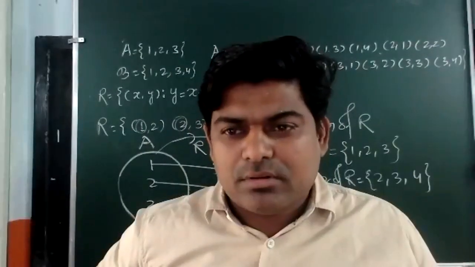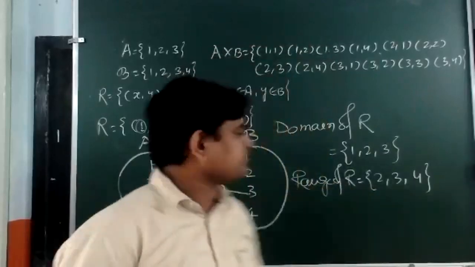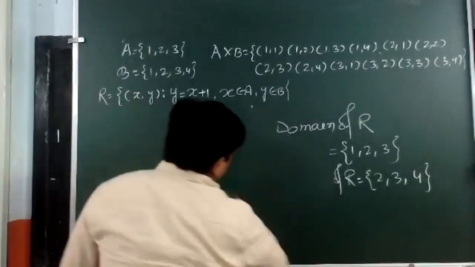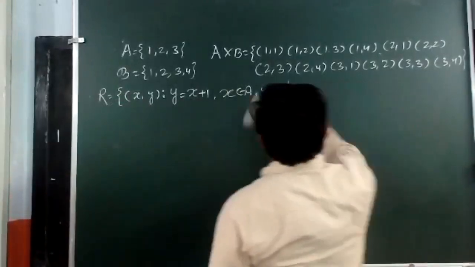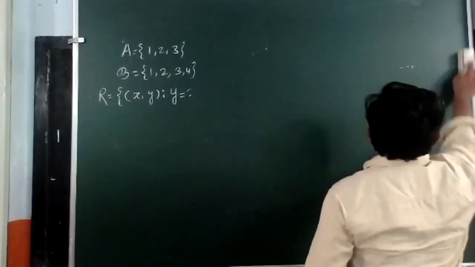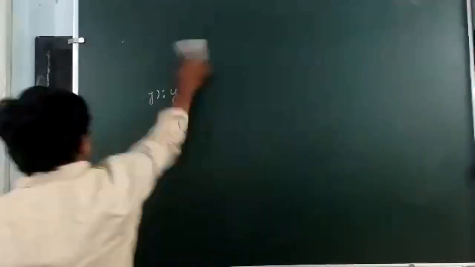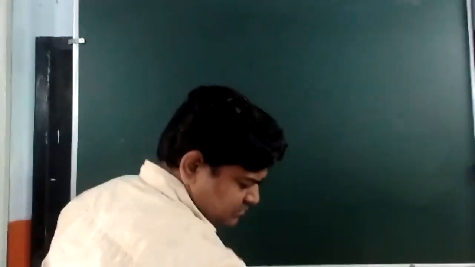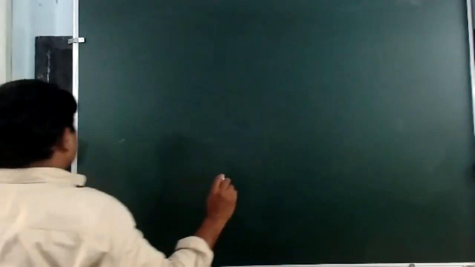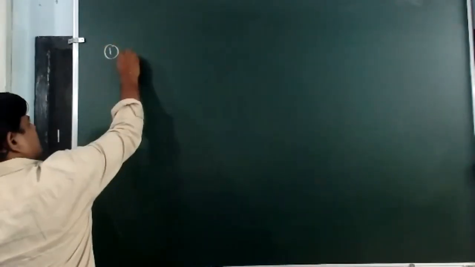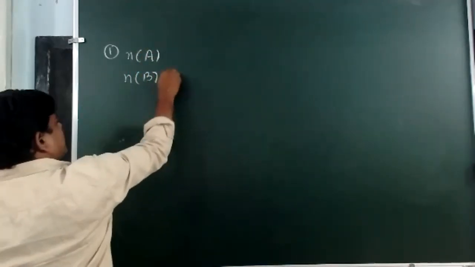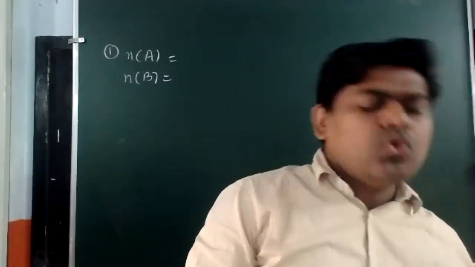Okay, let me write it. Listen to me. In question number 1, the number of elements in A and the number of elements in B are given as 2 and 3.